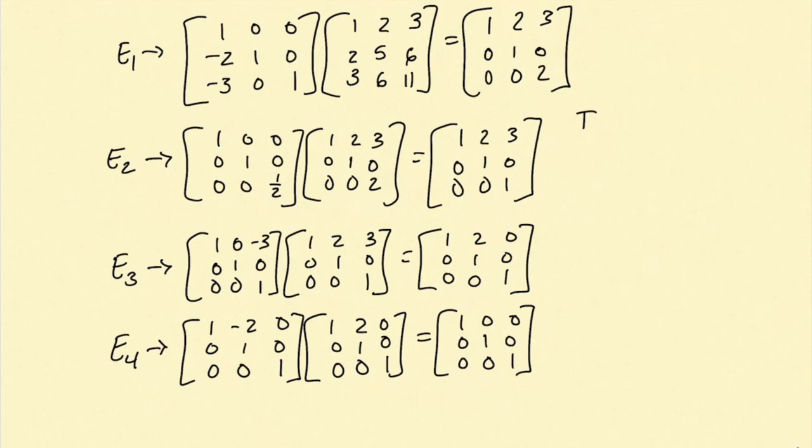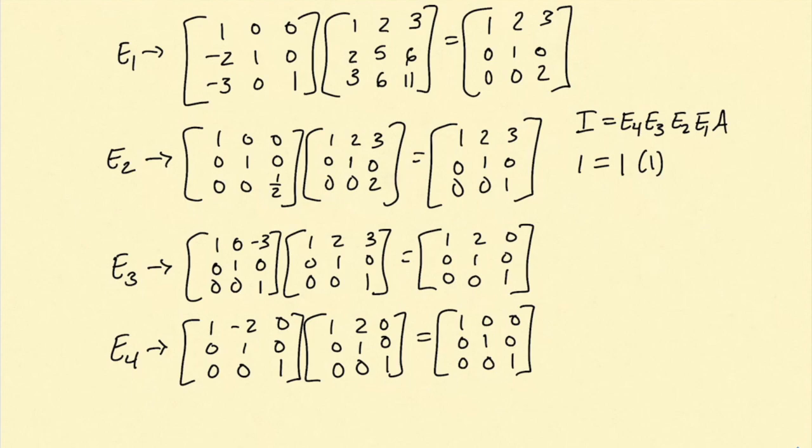So we have written down I is equal to E4 times E3 times E2 times E1 times A. So of course, in order to compute the determinant of A, we compute the determinant of each of these matrices one by one. The determinant of the identity matrix is always 1. Our fourth operation was a replacement operation, which has determinant 1. Our third row operation was also a replacement operation. That has determinant 1 as well.